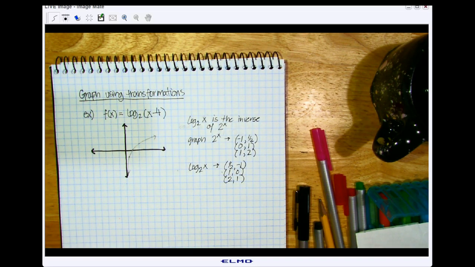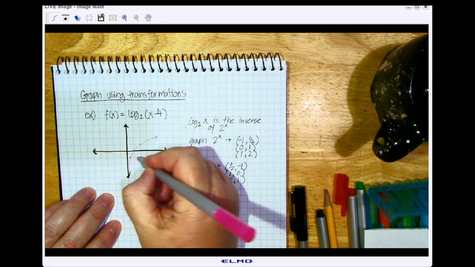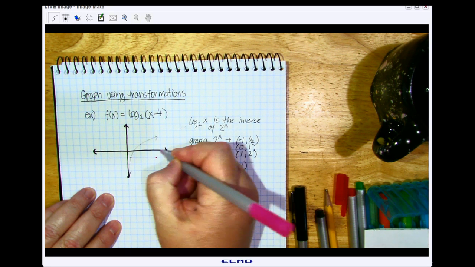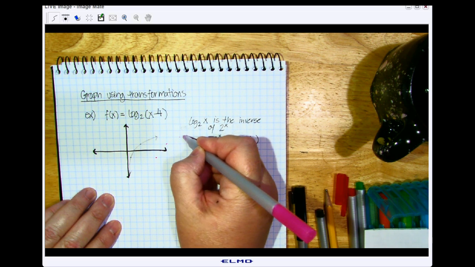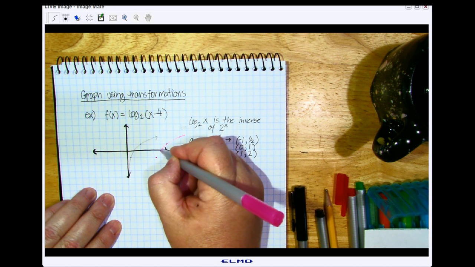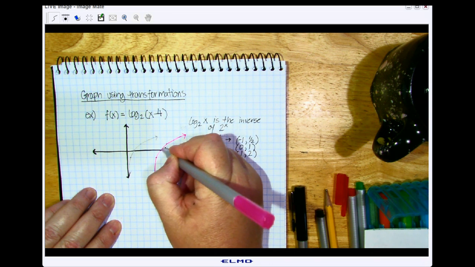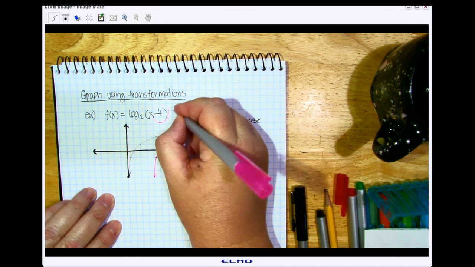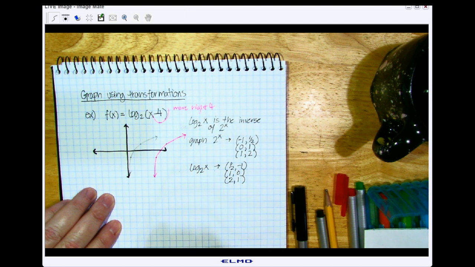We got it. So now I need to move all of these points right 4. 1, 2, 3, 4. There we go.